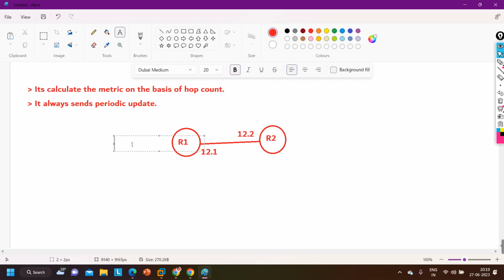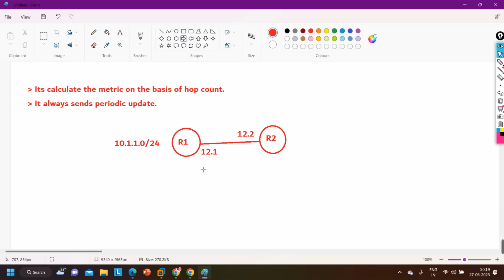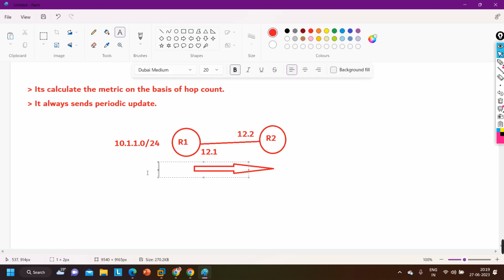Router 1 has one network, let's say 10.1.1.0/24. So router 1 will send one update message to router 2 to share the 10.1.1.0/24 network.